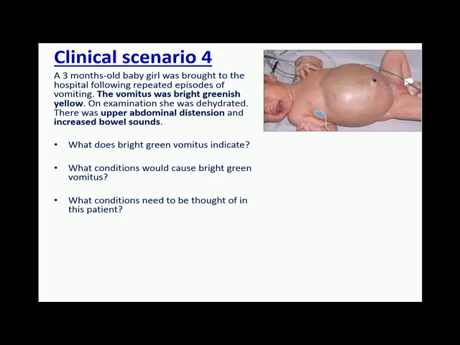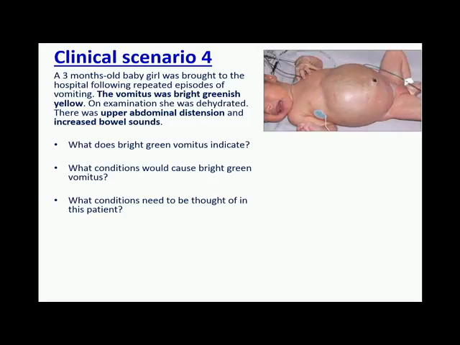So what condition needs to be thought of in this patient? There can be many conditions which cause obstruction beyond the duodenum. But in this child, what would you think of? At least what group of disorders? It can be a congenital abnormality. This is a newborn, so very commonly it's a congenital one like atresia.